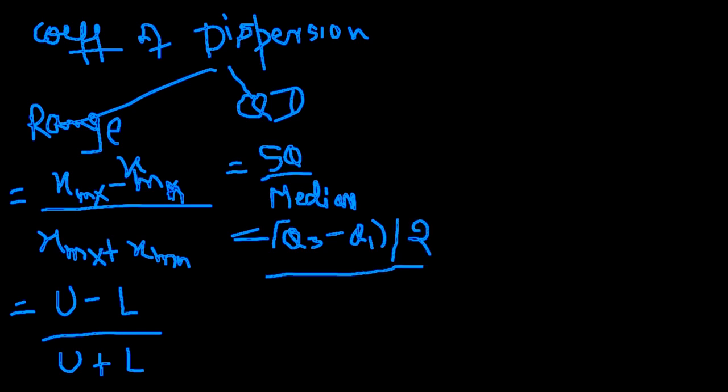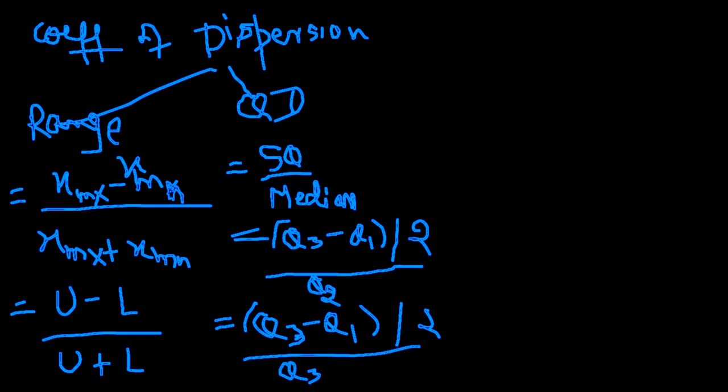Now this whole thing over the median, Q2, whose other formula is Q3 plus Q1 divided by 2. So your coefficient of dispersion for quartile deviation will be Q3 minus Q1 over Q3 plus Q1.